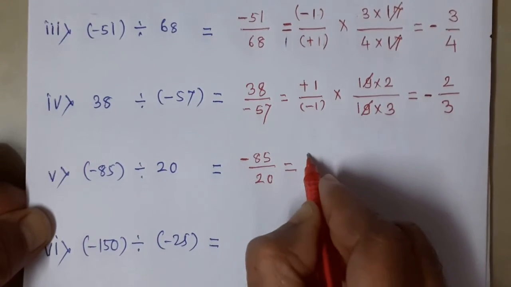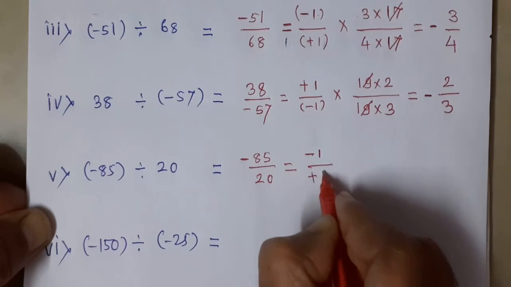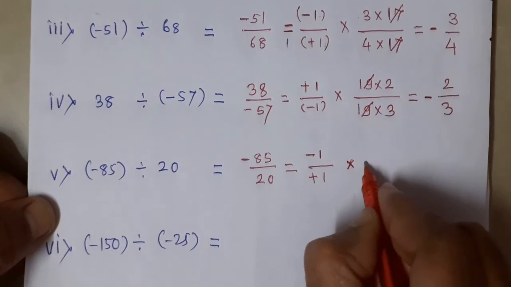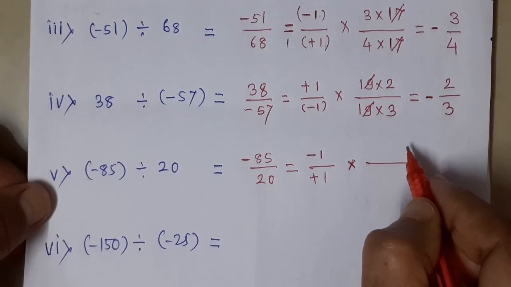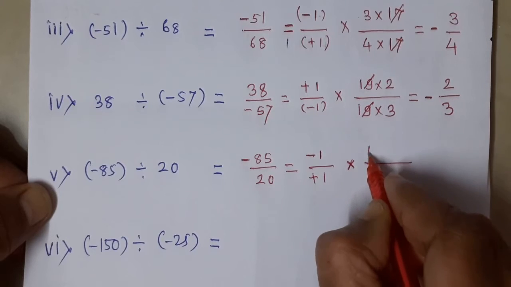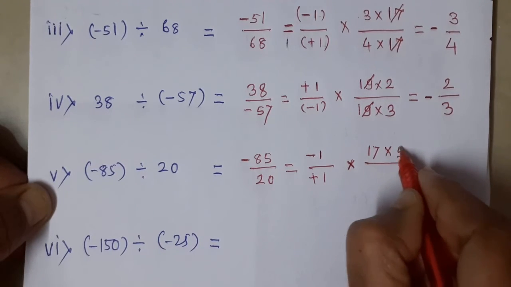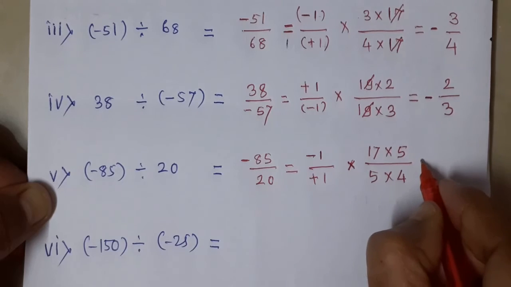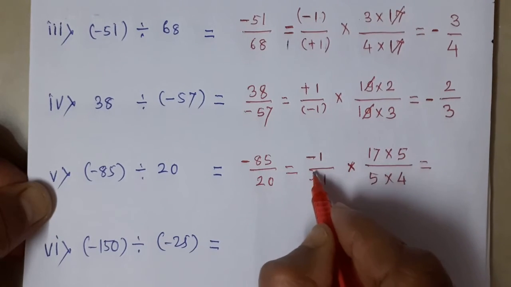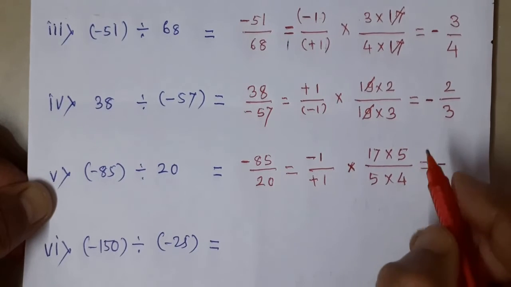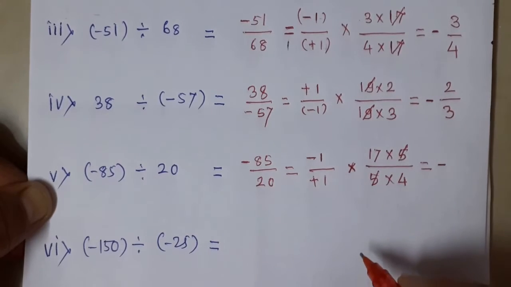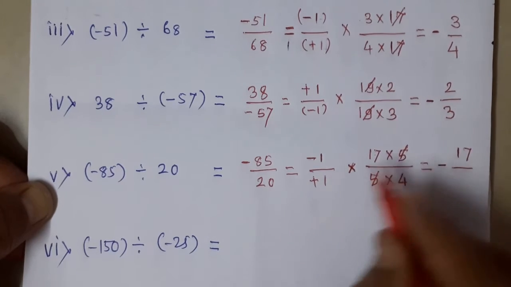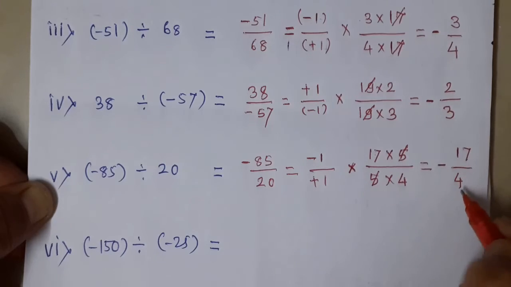I write it as minus 1 divided by plus 1, multiplied by 17 fives are 85 and 5 fours are 20. Again, one negative integer divided by one positive integer, the result is negative. 5 is common, 17 ones are 17 and 4 ones are 4. The answer is minus 17 by 4.